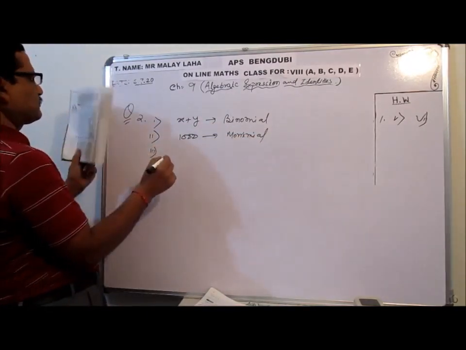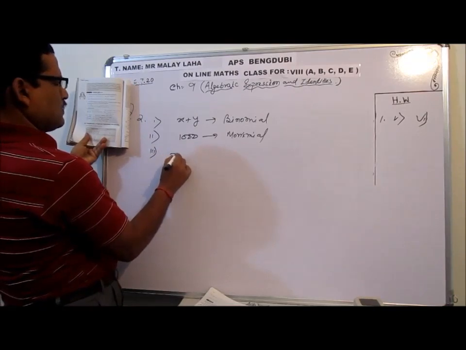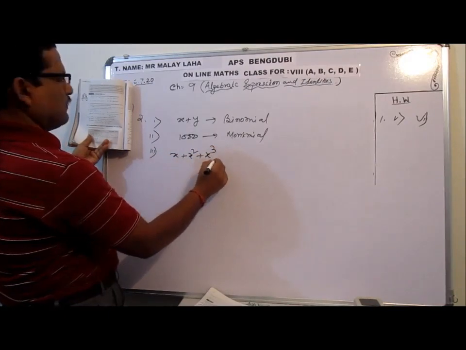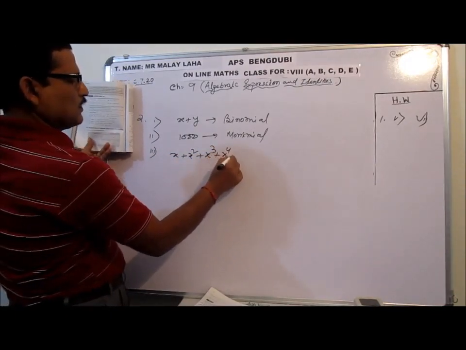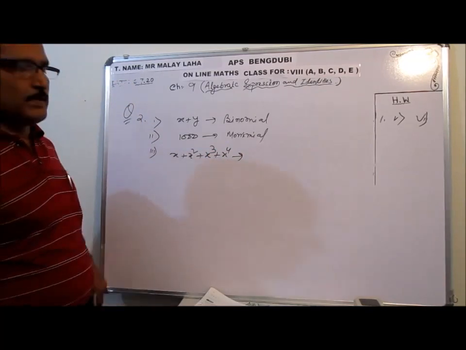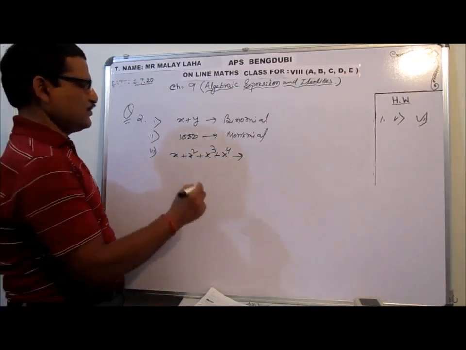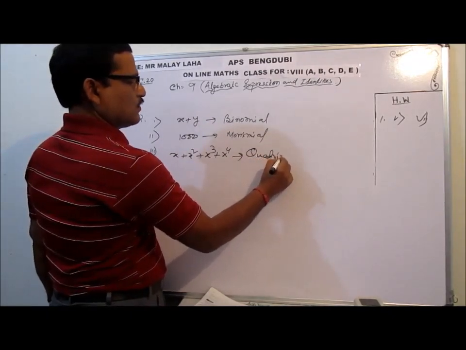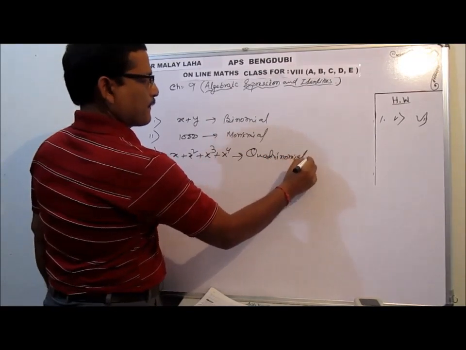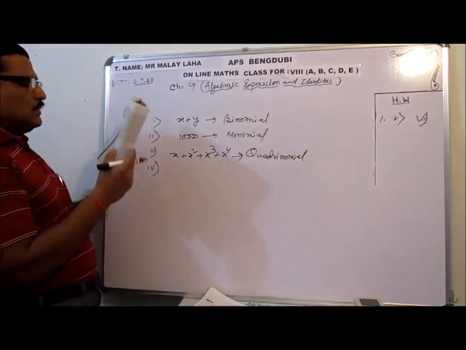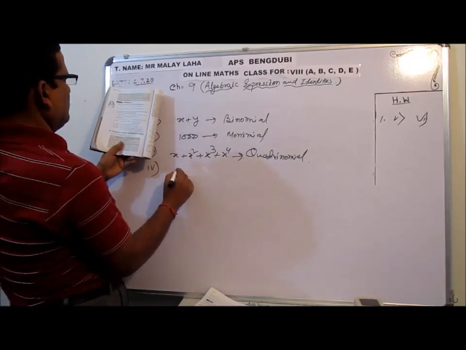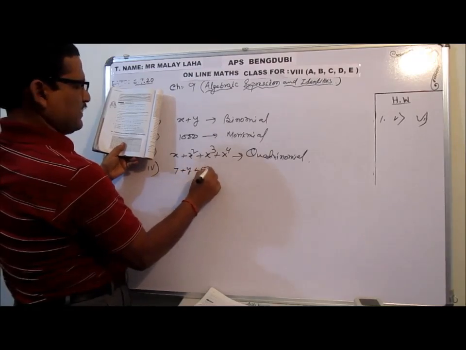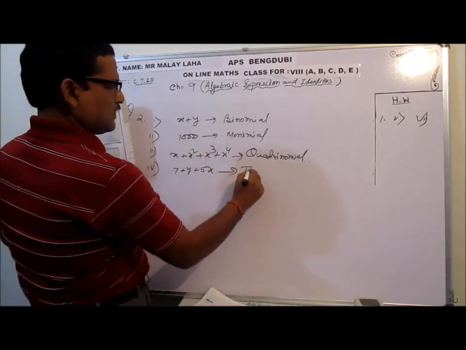Number 3, x plus x square plus x cube plus x 4. Tell me what the expression will be. There are 4 terms. Quadrinomial. Now next one, 7 plus y plus 5x. How many terms are there? 3 terms. Trinomial.